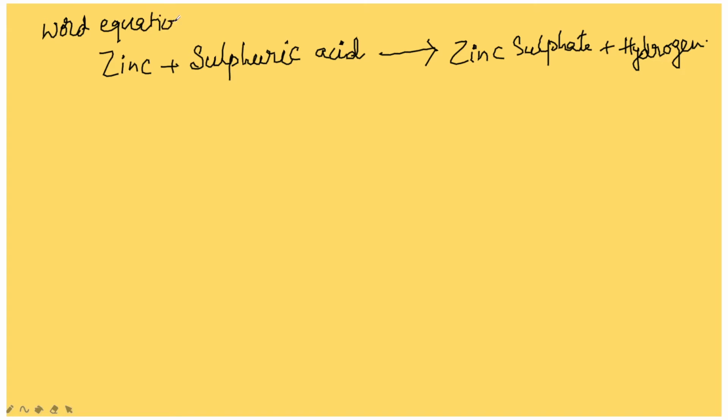Okay, we can change this word equation into a chemical equation by writing the symbols and formulas of these substances. So the symbol of zinc is Zn. Sulfuric acid is H2SO4. That gives rise to ZnSO4 plus H2.